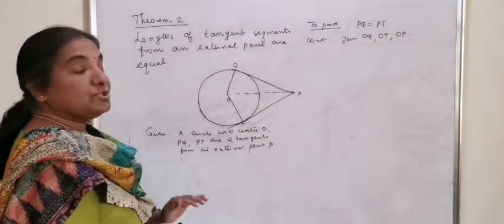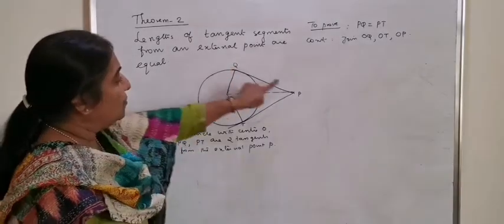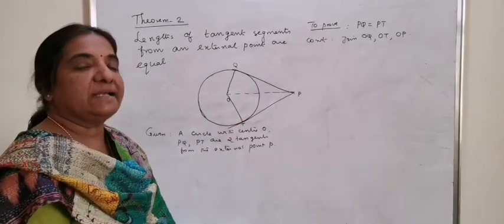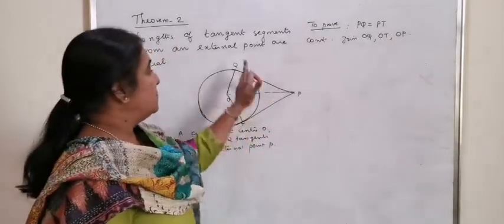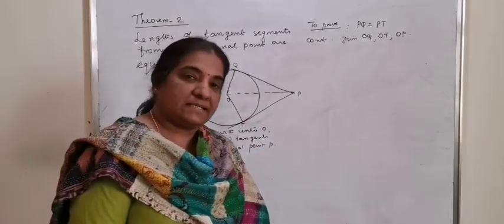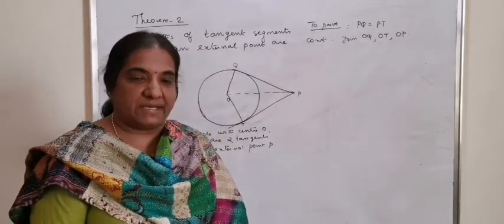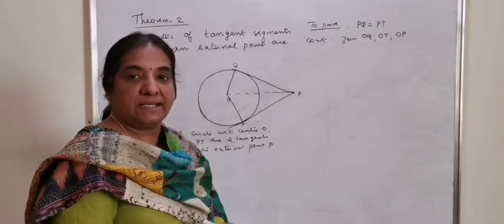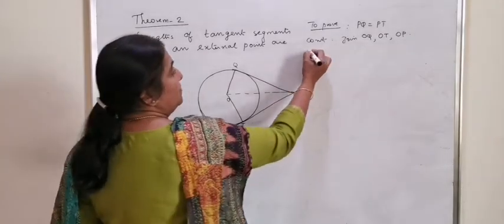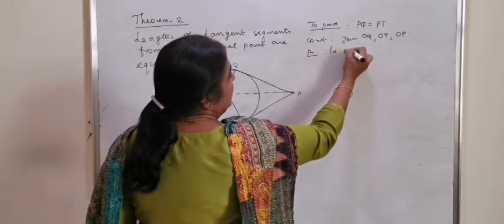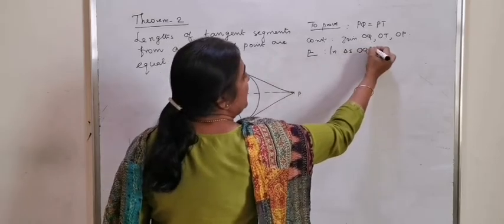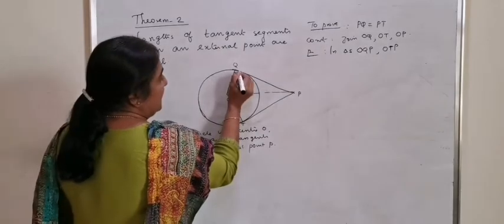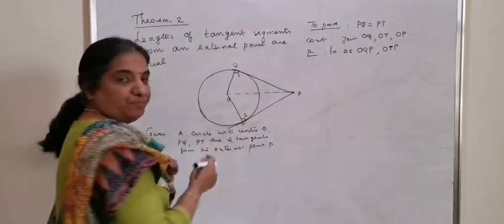Now you can see two triangles OQP and OTP. If we prove those two triangles are congruent, PQ is equal to PT will follow as corresponding parts of congruent triangles. So let's prove triangle OQP congruent to triangle OTP. In triangles OQP and OTP, you can mark these angles as angle 1 and angle 2.